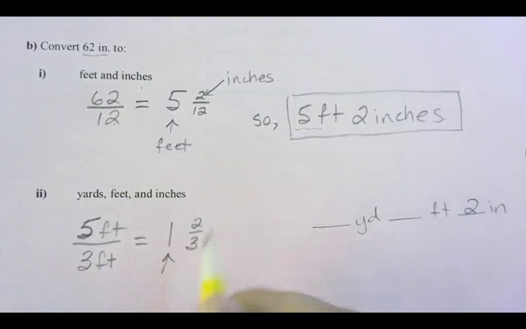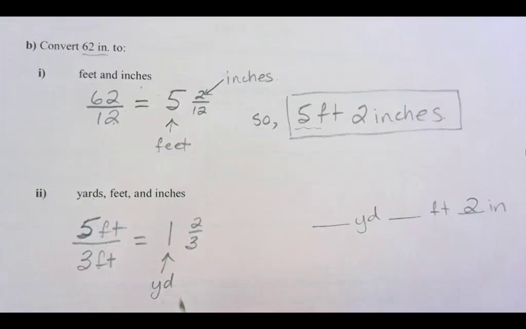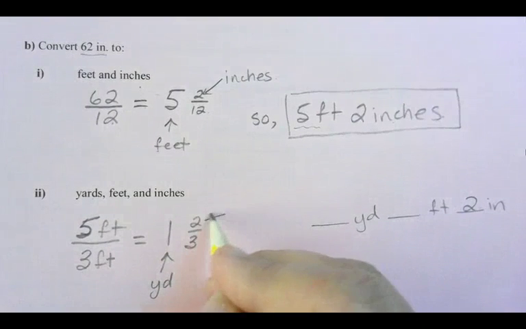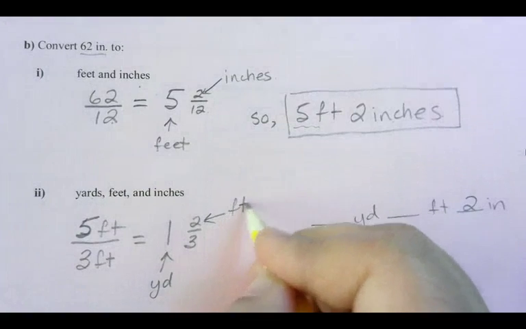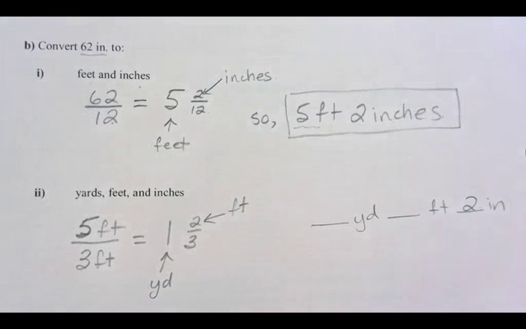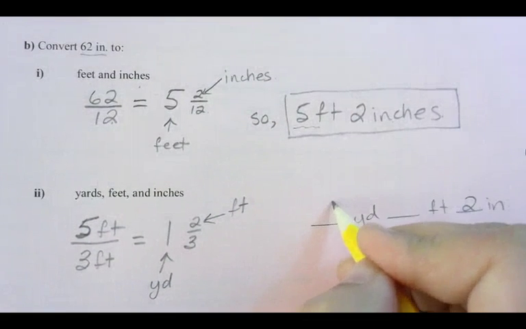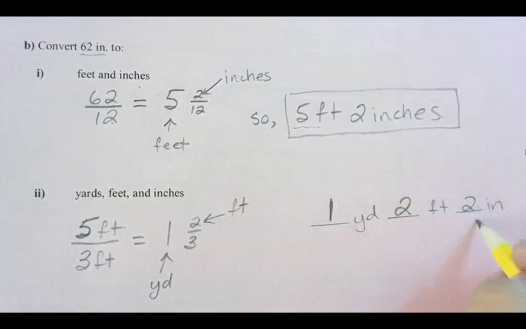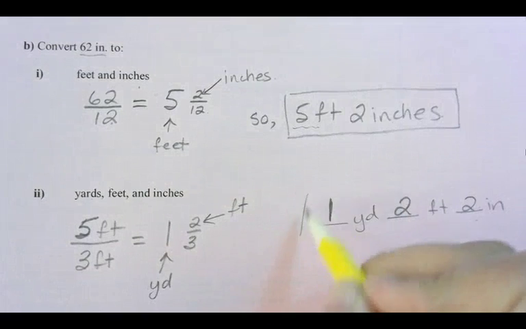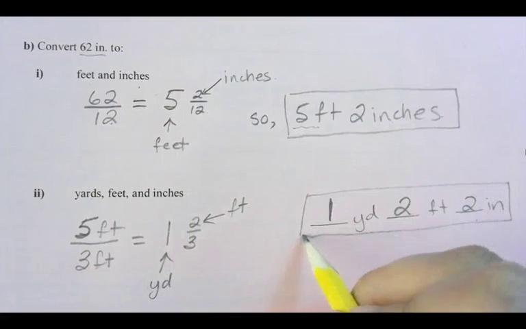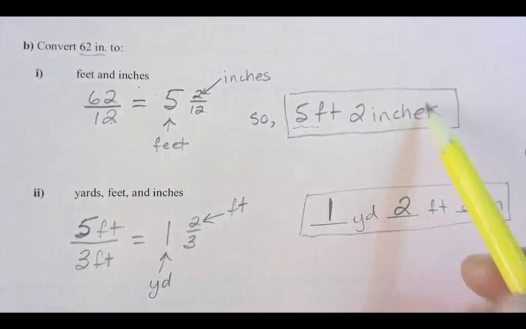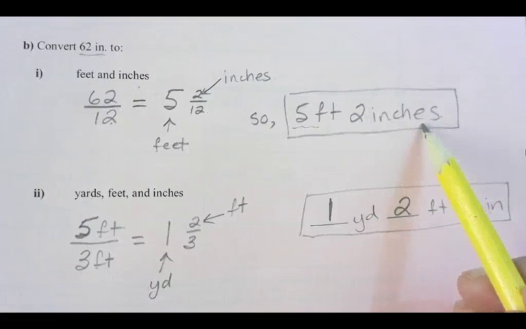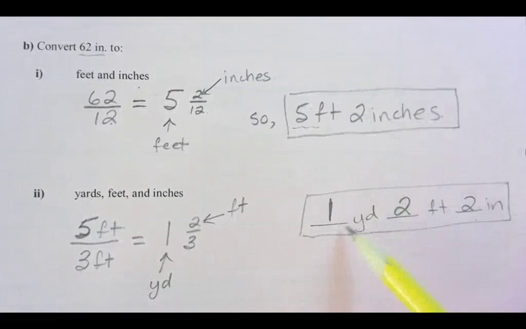So this tells me how many yards there are, and this numerator tells me how many feet there are. So this is now 1 yard and 2 feet and 2 inches. So 62 inches is the same as 5 feet 2 inches, and it's also the same as 1 yard, 2 feet, and 2 inches. Okay?